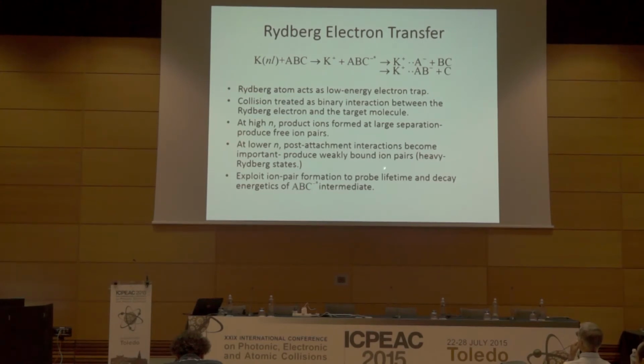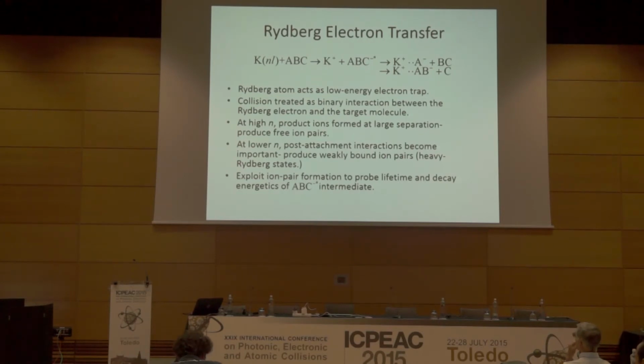However, with lower n, as the electron cloud decreases, the Coulomb interactions between the product ions become more and more significant. In the extreme cases, you can get a pair of bound ions orbiting each other. This system is called a heavy Rydberg state because a lot of its properties parallel those of Rydberg atoms.